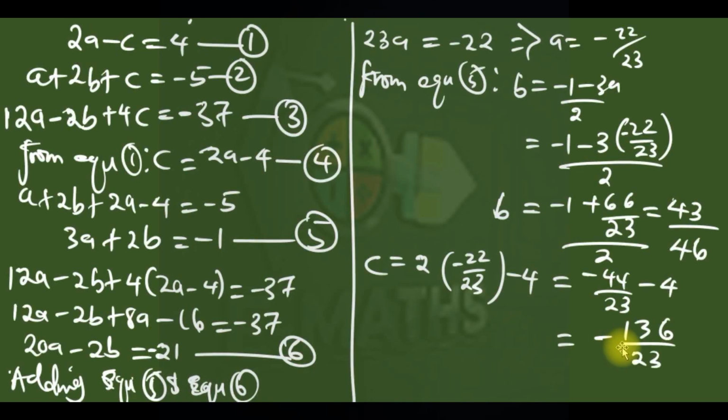C is minus 136 over 23. So we can still clear the denominator. Or maybe let's leave it because we're asked to find the center and the radius. So no need of clearing the denominator.